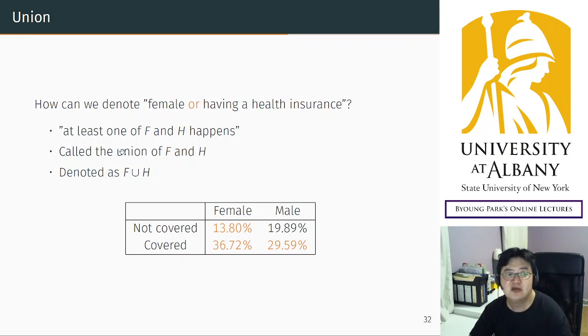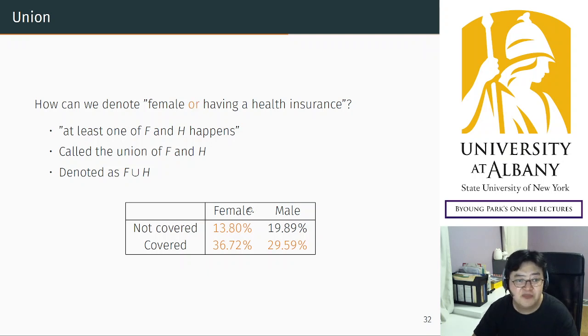And we call this the union of F and H. In mathematics, we denote it as F ∪ H. Usually, this is called F cup H, because later we will learn why it is called cup. So F union H or F cup H are how we read it.